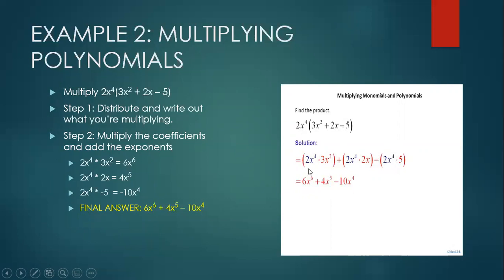All right, and that gives us 2 times 3 is 6. We have 4 and 2, that gives us 6 total of those, x to the 6. 2 times 2 is 4. We have 4 plus 1 gives us 5. And then 2 times 5 is 10. We have x to the 4th, there's 4 of them.